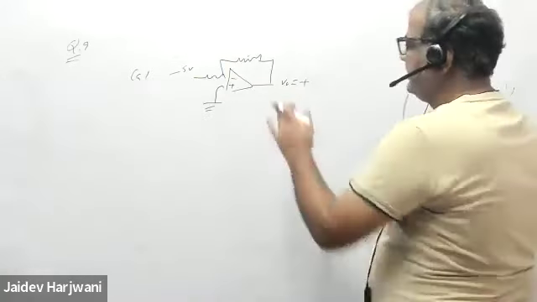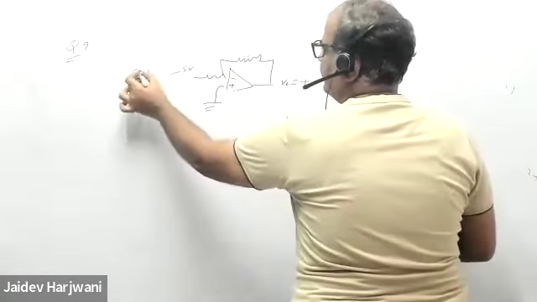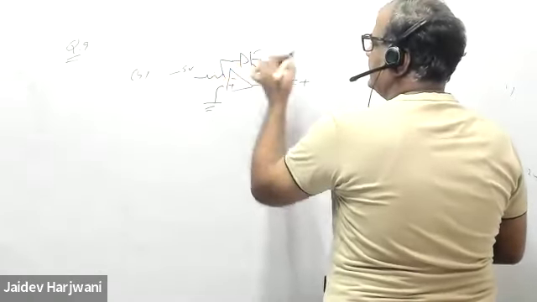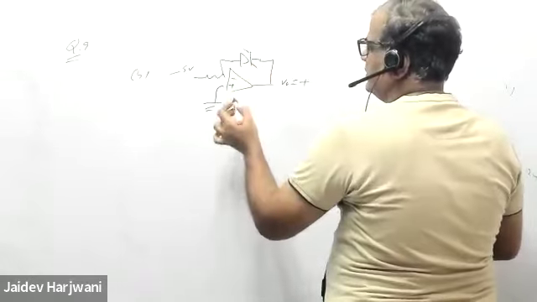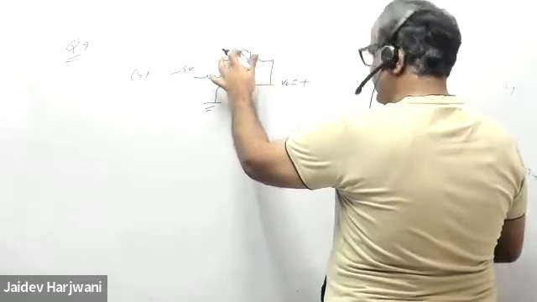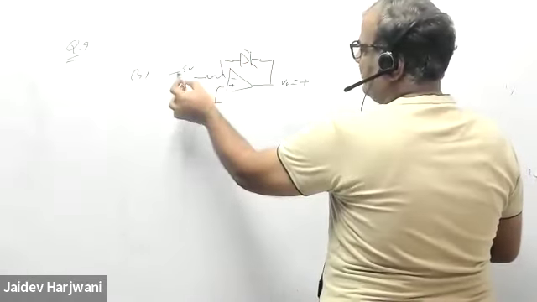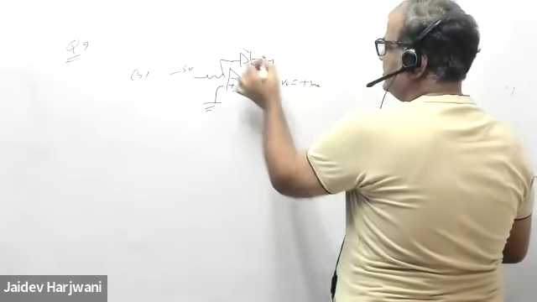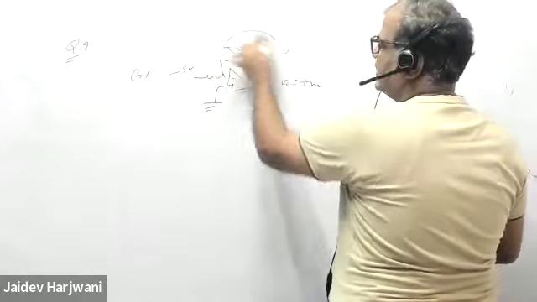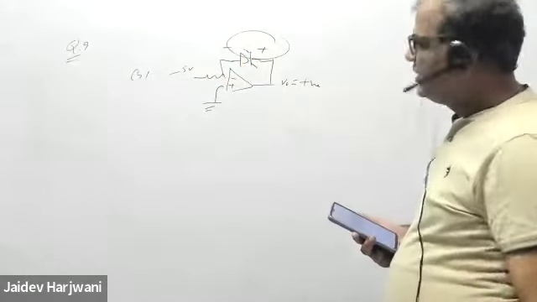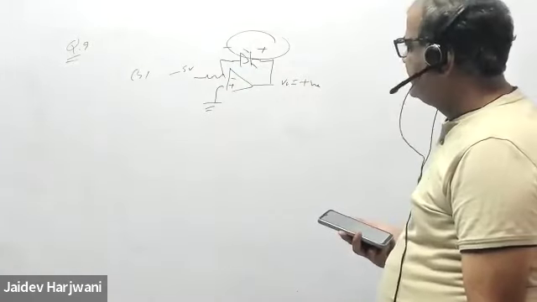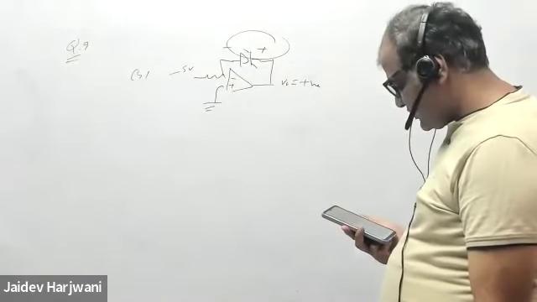Similarly, if I replace option B with a Zener diode and apply negative voltage here, the output voltage will come positive. So this is also conducting, if sufficient voltage is there, so option B is also correct.